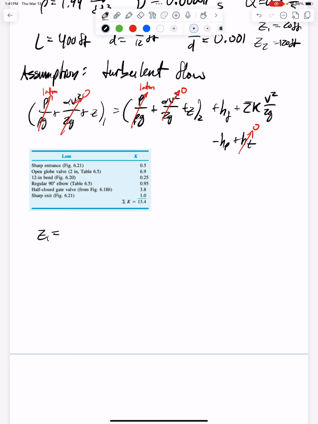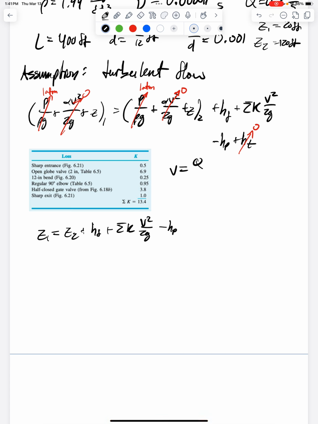z1 is equal to z2 plus hf plus sigma K times velocity head minus pump. So we have all these variables that we're interested in. I'll solve for V right now.